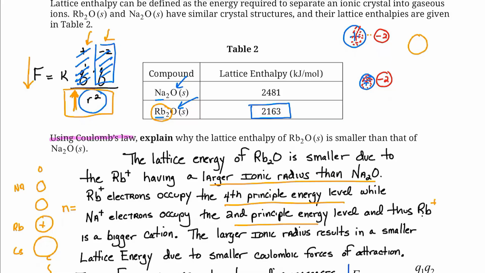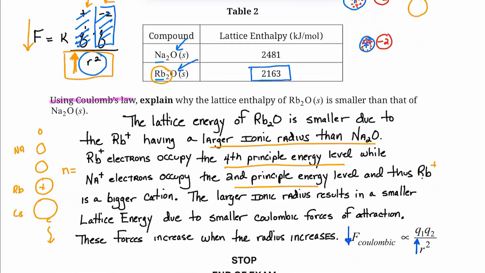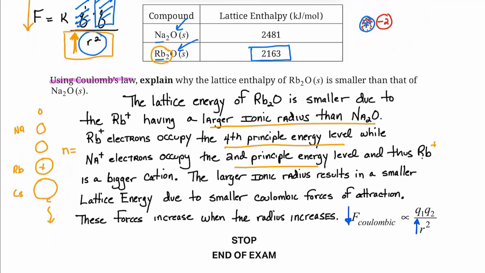The larger ionic radius results in a smaller lattice energy due to smaller Coulombic forces of attraction between the ions. These forces decrease when the radius increases, right? Again, I drew that again. So with a higher radius, there's a lower force of attraction, and therefore it doesn't take as much energy to separate these ions from the crystal.